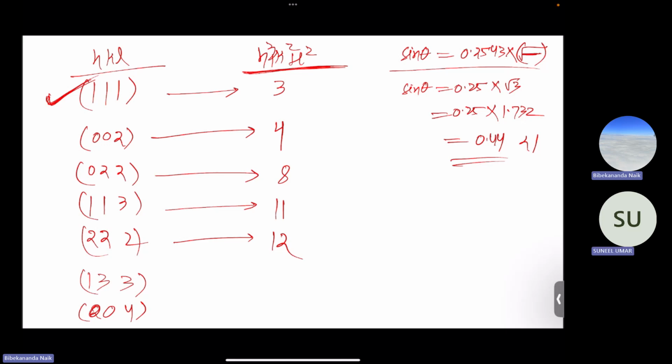This even or odd rule is only for FCC. But for simple cubic, all sets of planes will give you diffraction peaks. For BCC, the conditions are different. For FCC, again, the conditions are different.